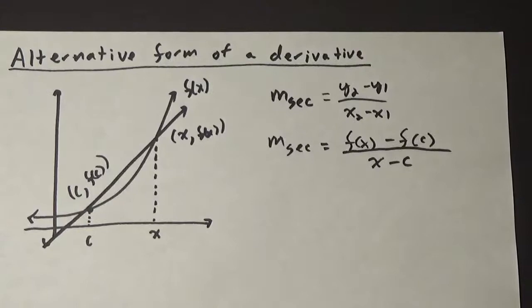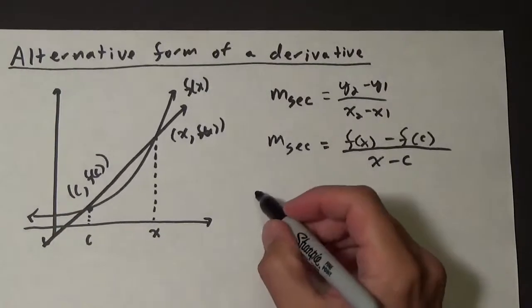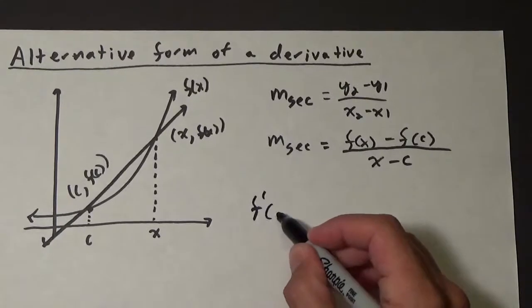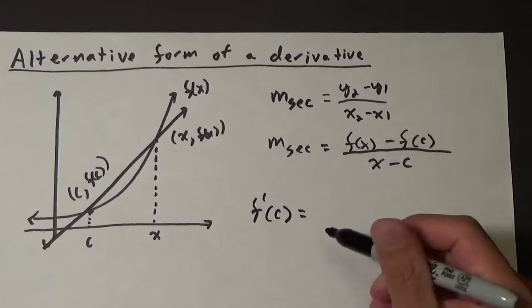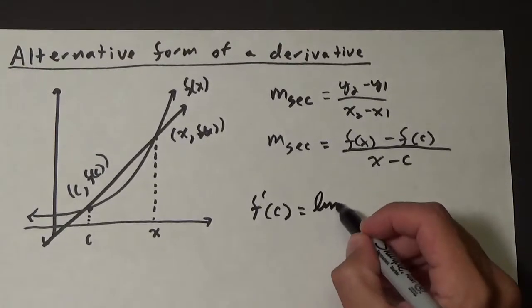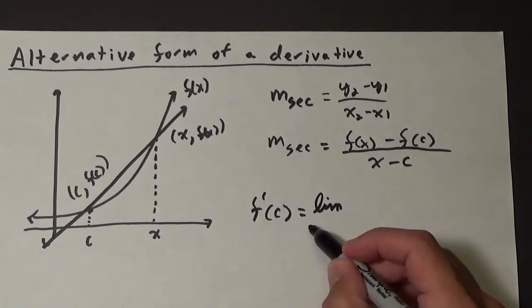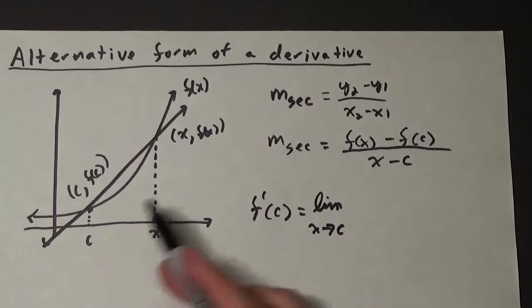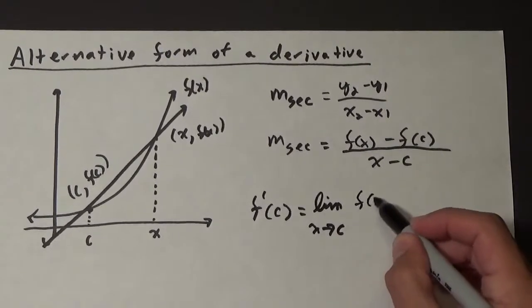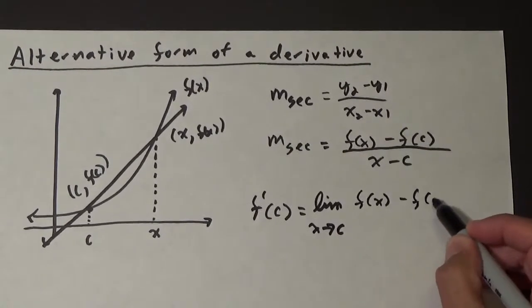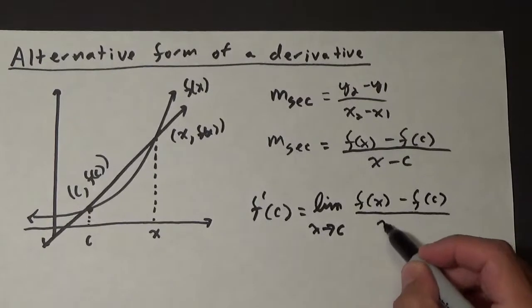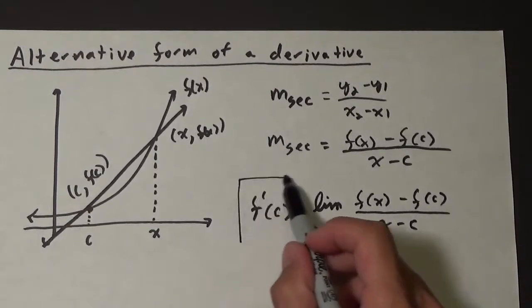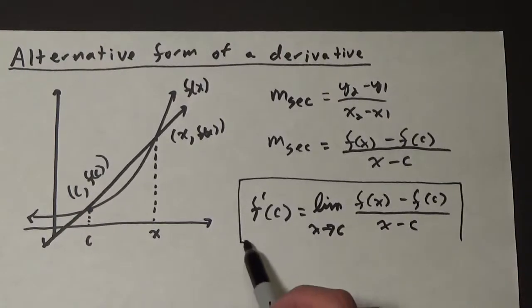So what we'll do for this definition is we'll say that f prime of c equals the limit as x approaches c, so we're taking x and having it approach c, of f of x minus f of c all over x minus c. And so here is that alternative definition of a derivative.